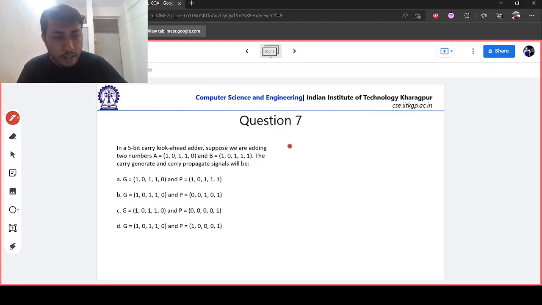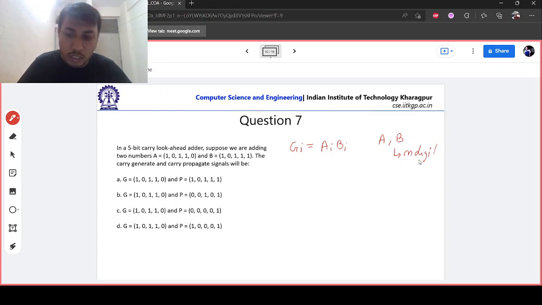So carry generate, that is represented by Gi, is basically Ai AND Bi, where A and B are n digit numbers.